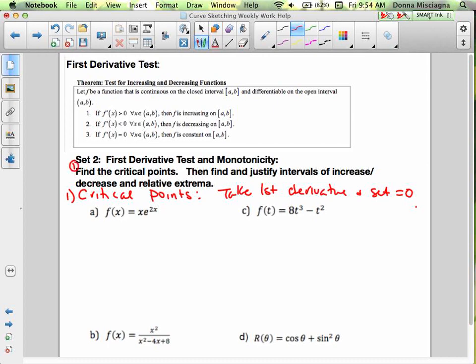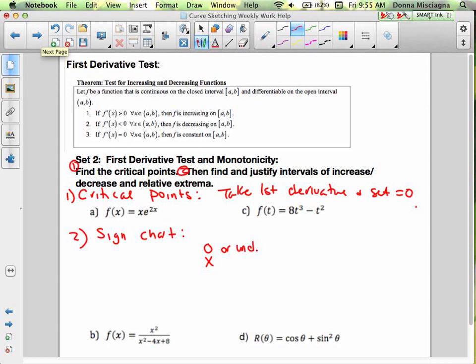And then for step 2, justify intervals of increase and decrease. I'll put step 2 right here. I don't really need the problems per se. For step 2, you make your sign chart. For the sign chart, you have your critical points, the values of x where the first derivative was 0, and also where the first derivative is undefined.